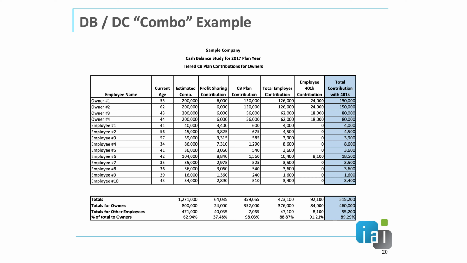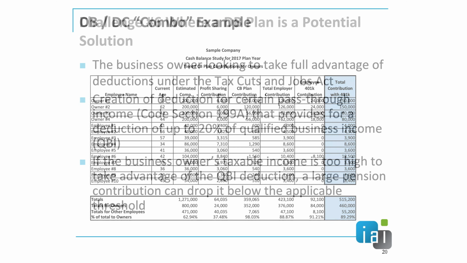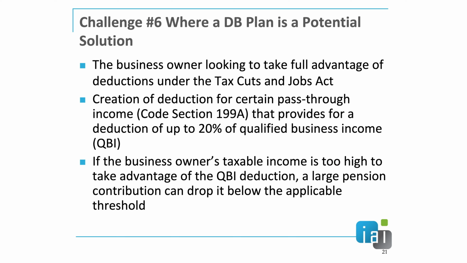Now here, in order to meet all of the goals for this employer, the profit-sharing plan provides 8.5% of pay to the rank and file employees, and a very small amount for the rank and file in the cash balance plan, but a significant contribution to the 4 owners. So of the cash balance plan contribution total, 98% goes to the owners, and with an overall contribution of nearly 90% to the owners.